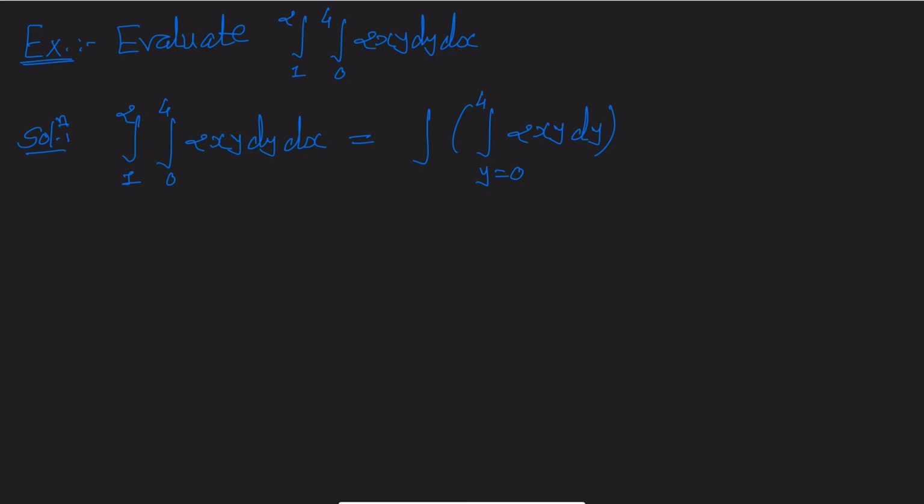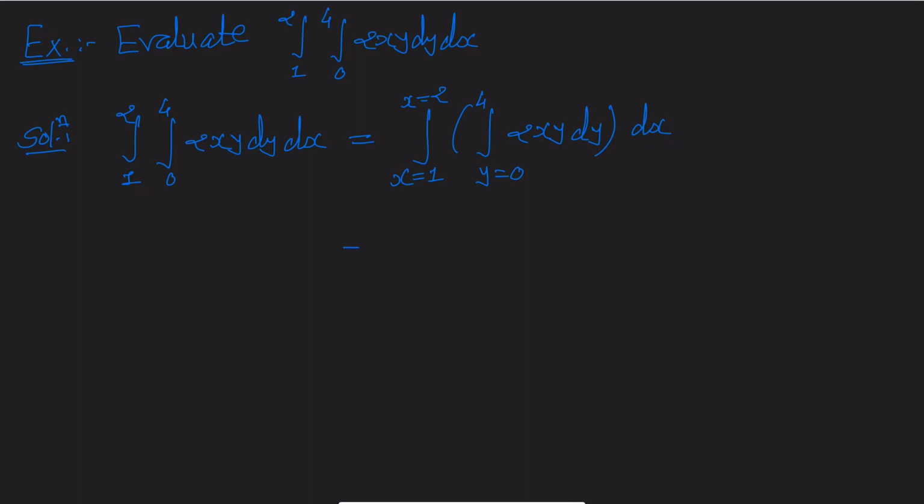Then the outer limit of x: for x is equal to 1 to x is equal to 2, dx. Students, you don't make any mistake. First we always mention which are the limits of y and which are the limits of x.